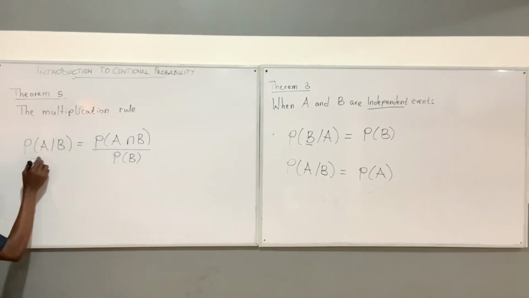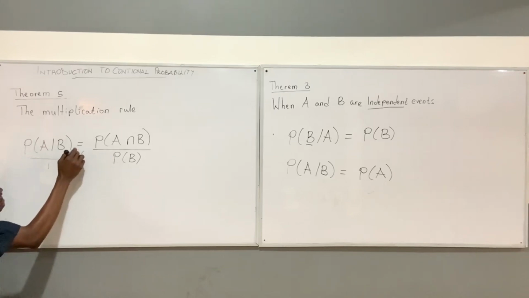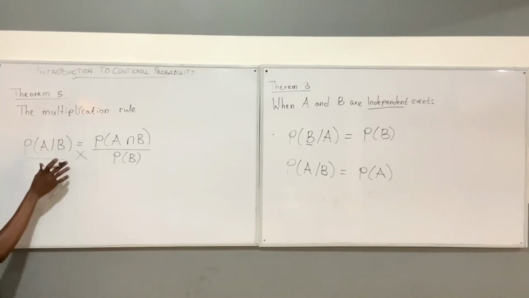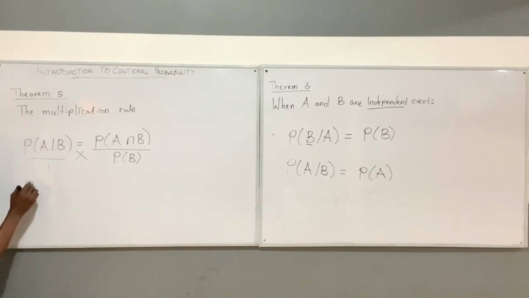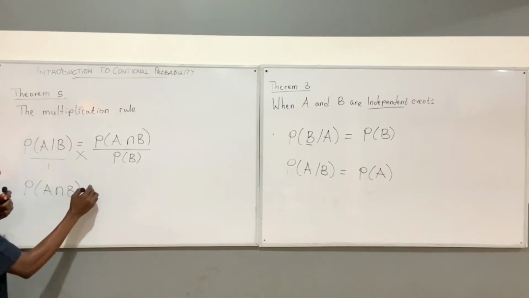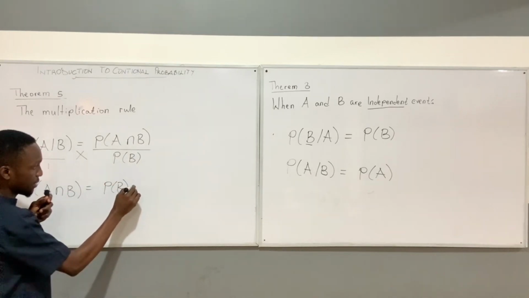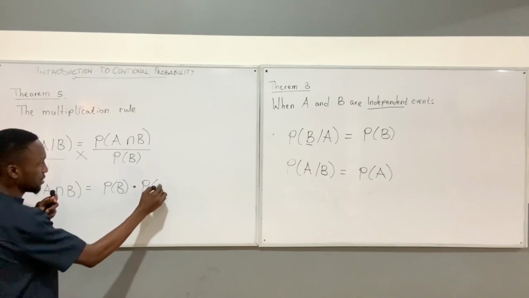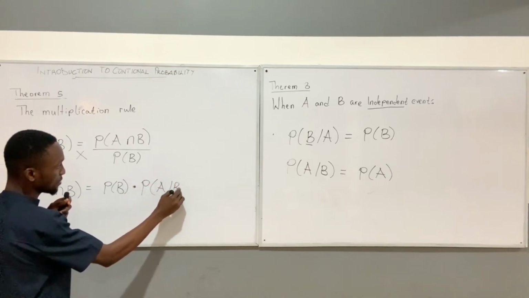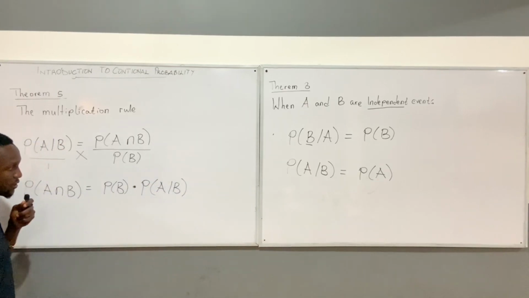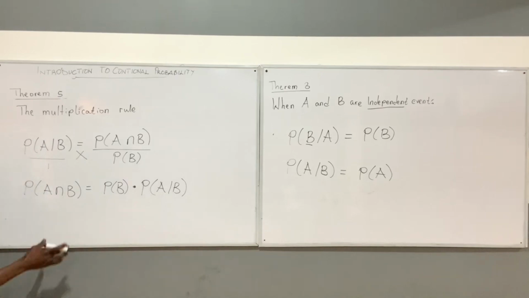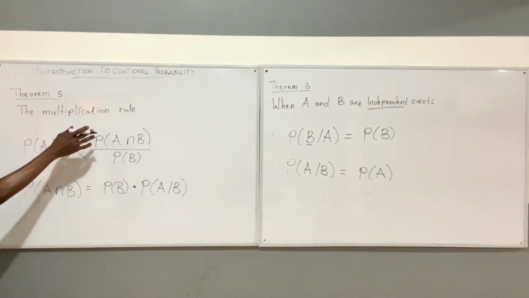Now, if I divide this by 1, I can cross multiply here. So this will multiply this, giving us the probability of A intersection B, which gives us the probability of B times the conditional probability of A as B has occurred, or given B.